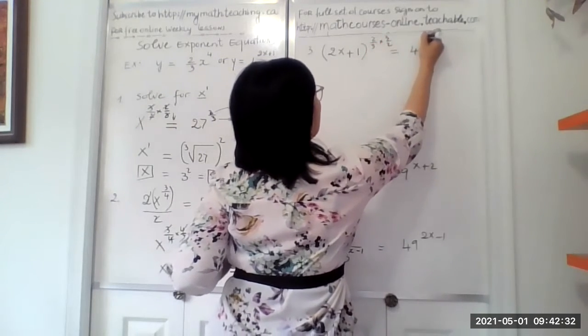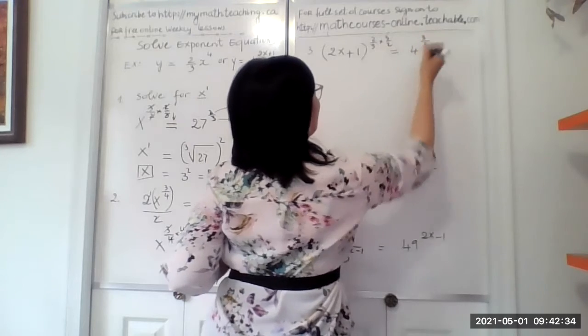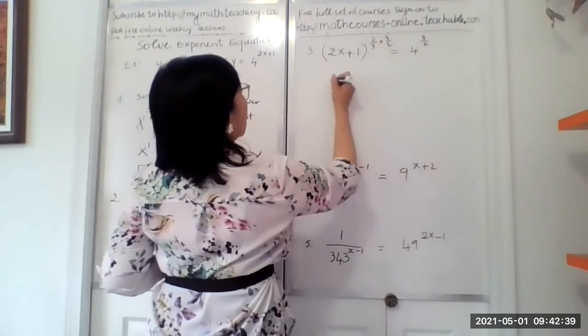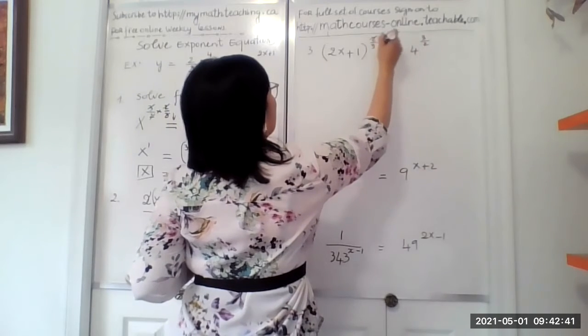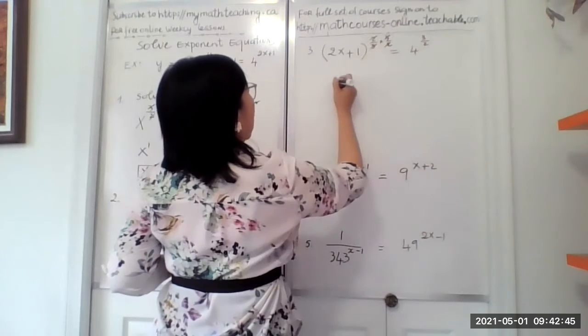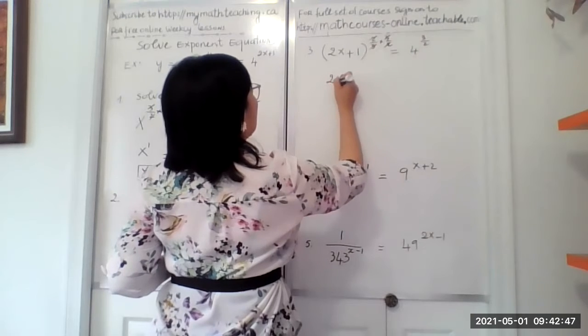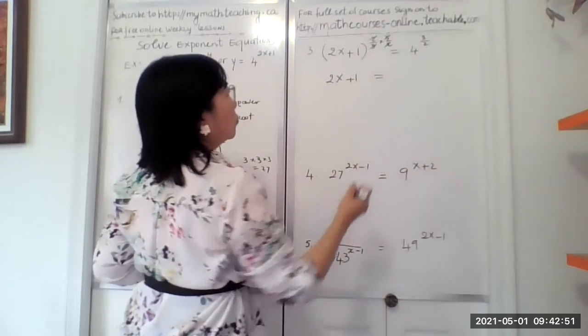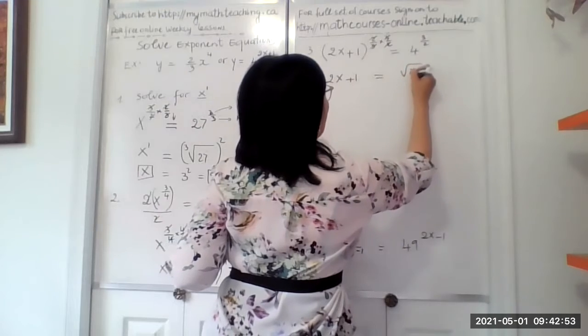And on the right hand side, I have to also times with 3 over 2. Power 1 times 3 over 2. So by doing this, I can cancel the 2 with the 2, the 3 with the 3, and I'm left with power 1. So this bracket will become 2x plus 1 equals the square root of 4.